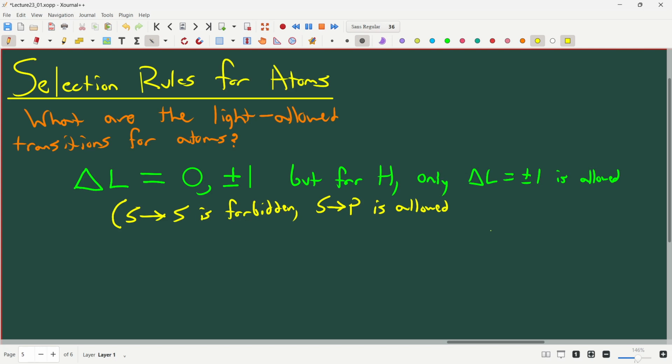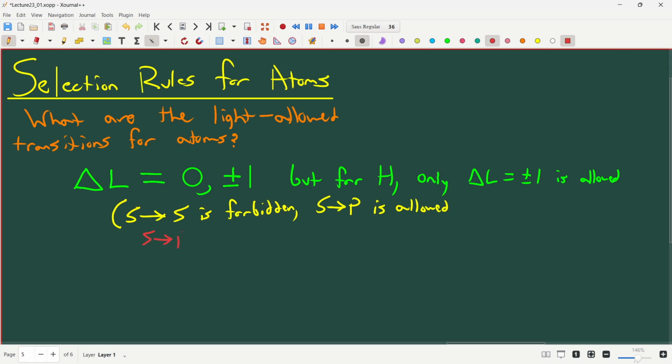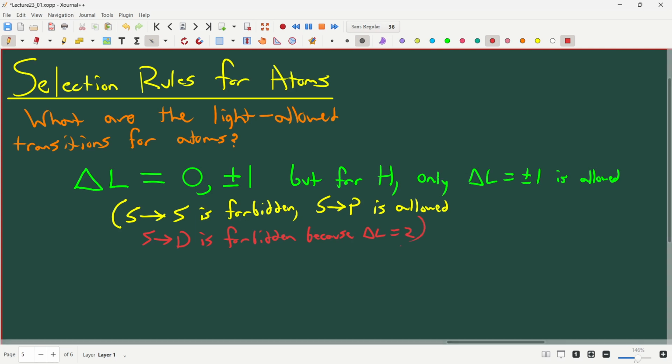This also means that you can't take an S electron and put it in a d orbital, because that would be delta L equals 2. And I'll write that too. S to D is forbidden because delta L is equal to 2 here. Okay?